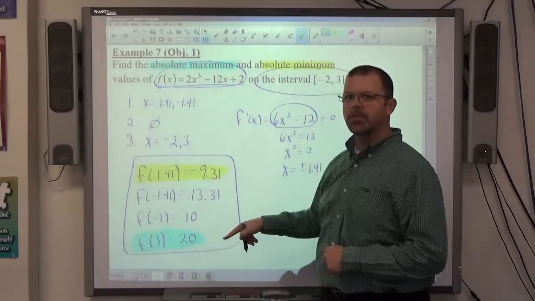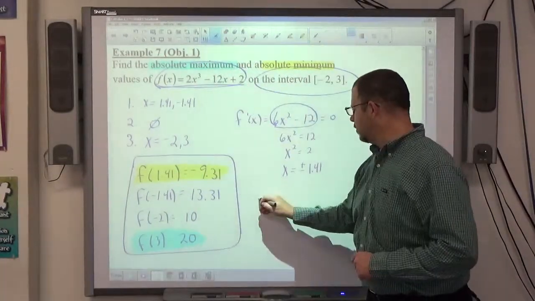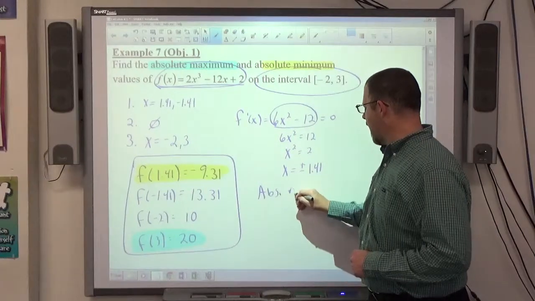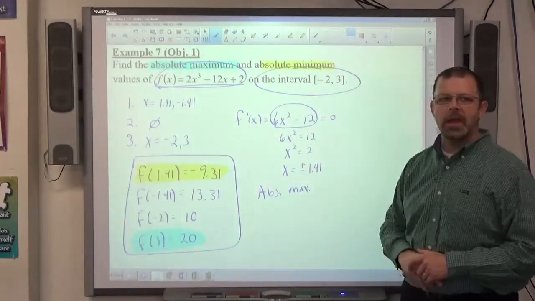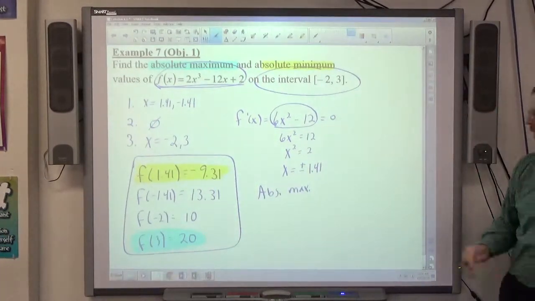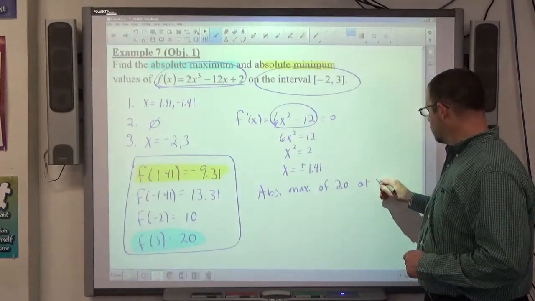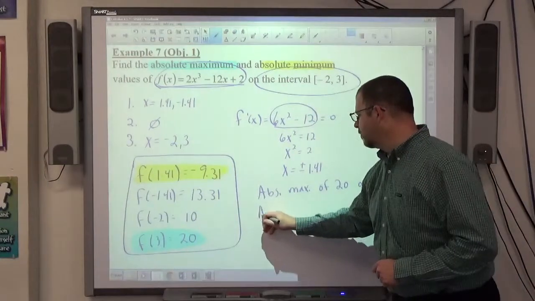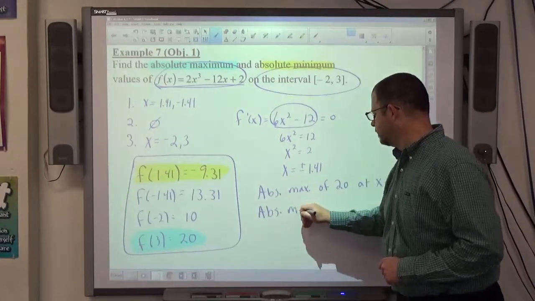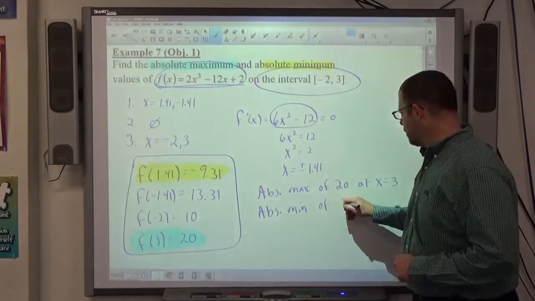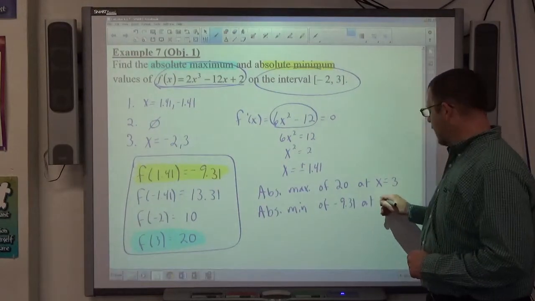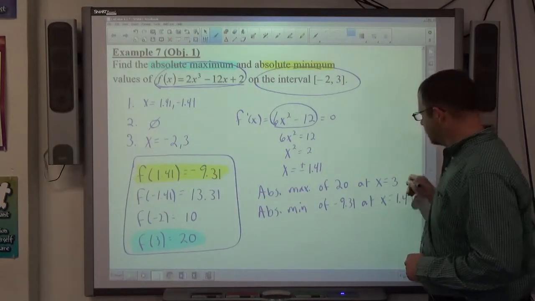It's negative, everything else is positive, right? So I'm going to write absolute maximum. Feel free to write ABS-MAX, absolute maximum of 20 at x = 3. Absolute minimum of −9.31 at x = 1.41.